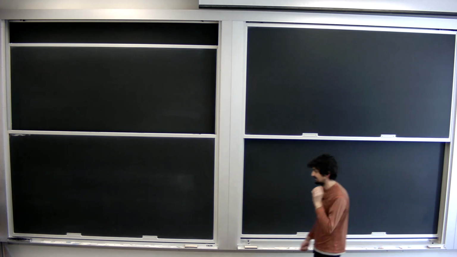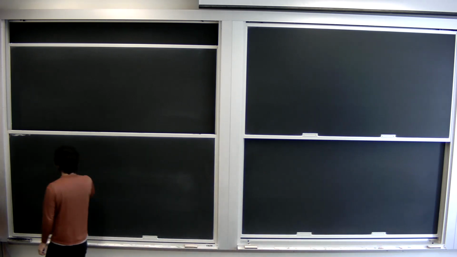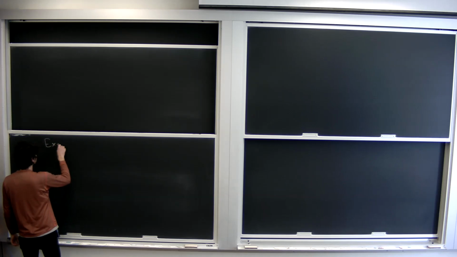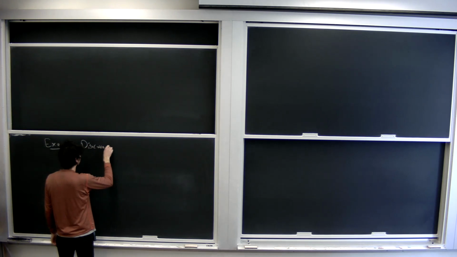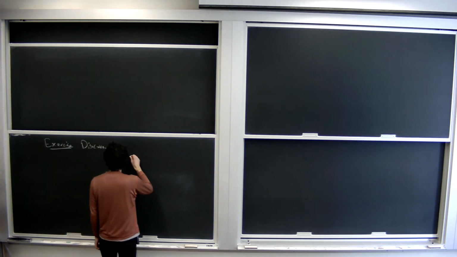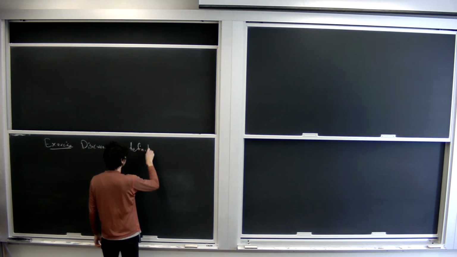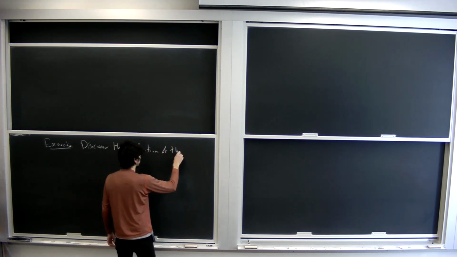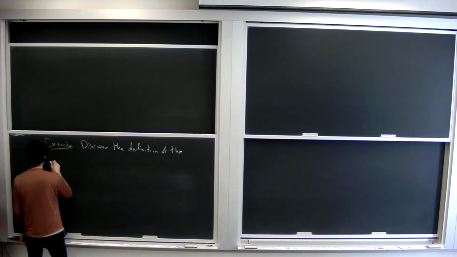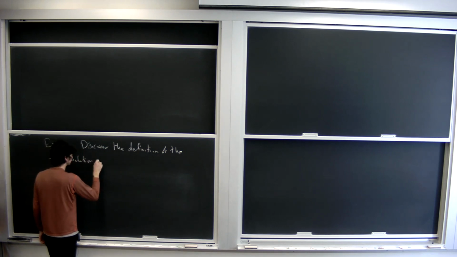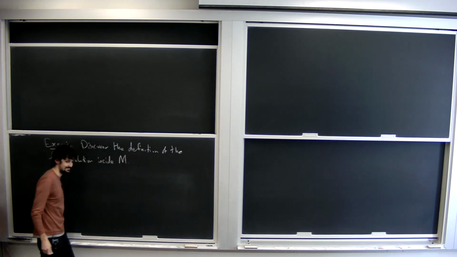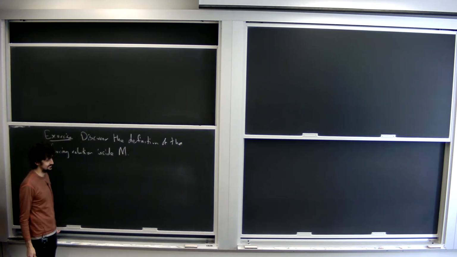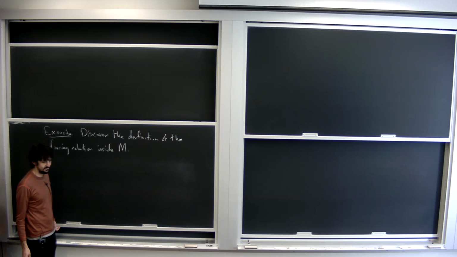And so the exercise is: discover the definition of forcing relation by M. Okay, so if this was the only information I gave you about the exercise, then this would be too vague and maybe impossible.